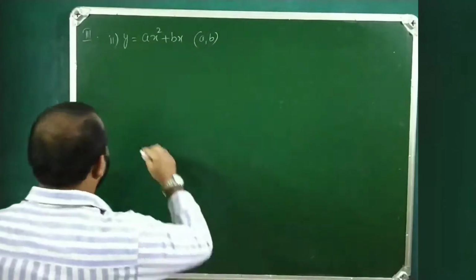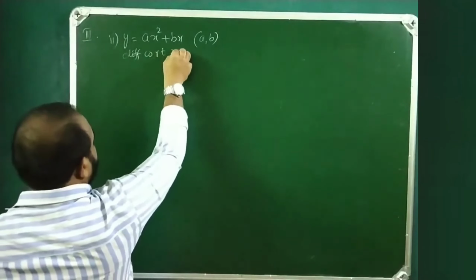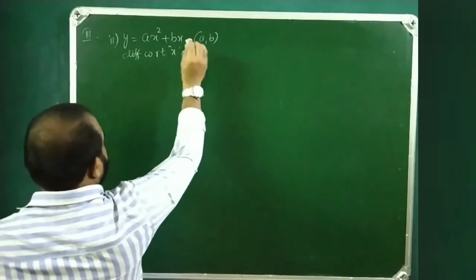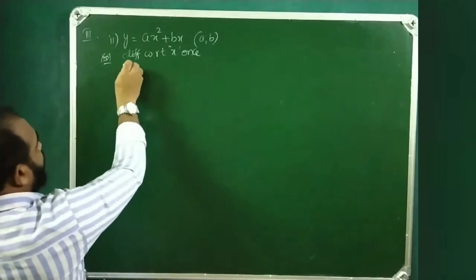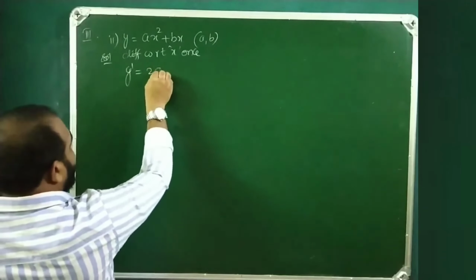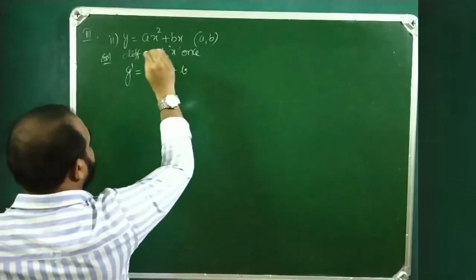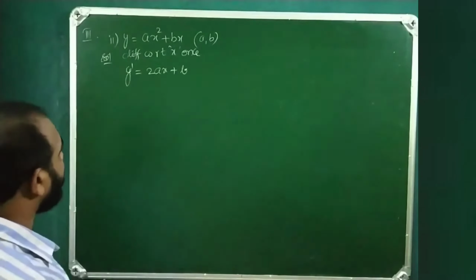So differentiating with respect to x once, dy/dx, or simply we can write it as y', is equal to 2ax + b. y' = 2ax + b.